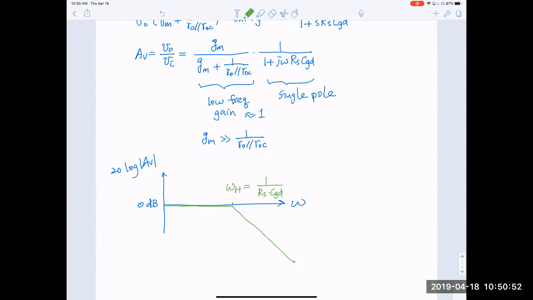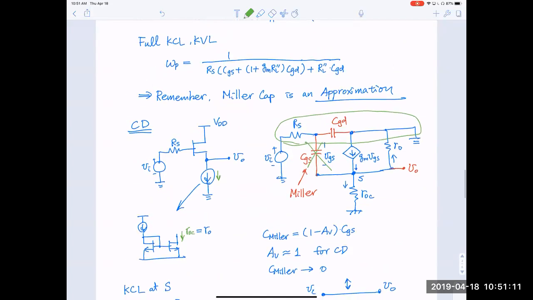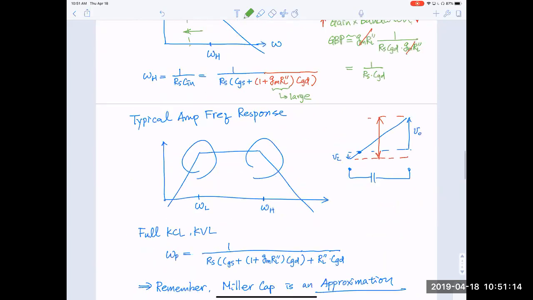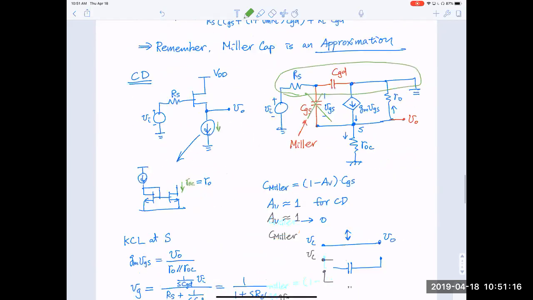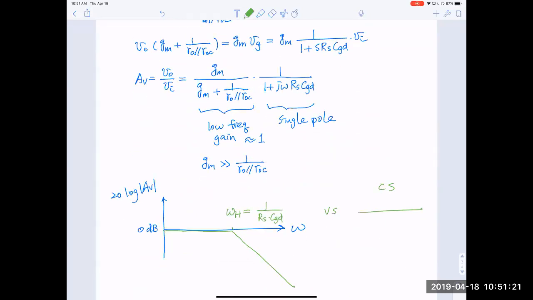So compare this 1 over RS CGD with the common source, where, if you go back here, with the Miller capacitance, if we just keep the leading term, this is 1 over RS times gm RL double prime times CGS.